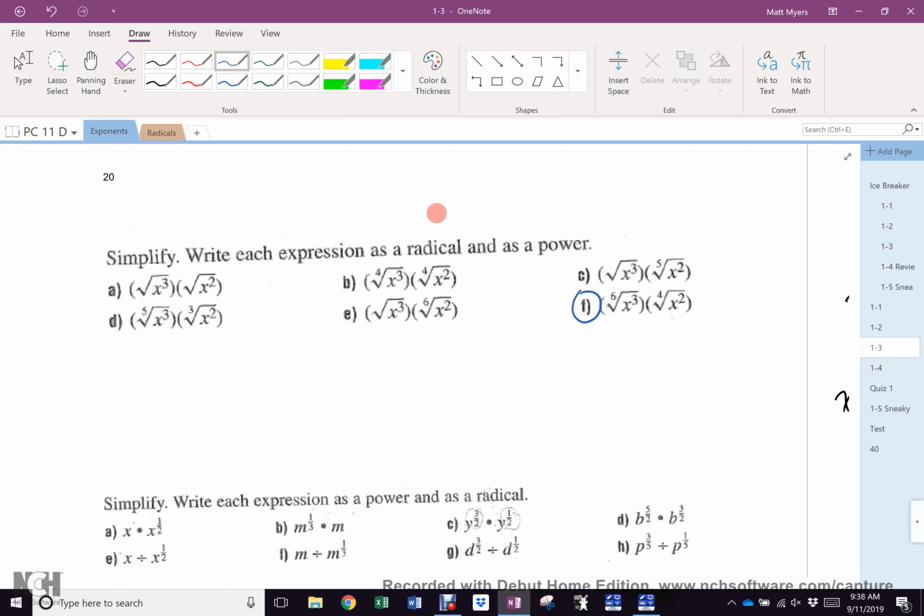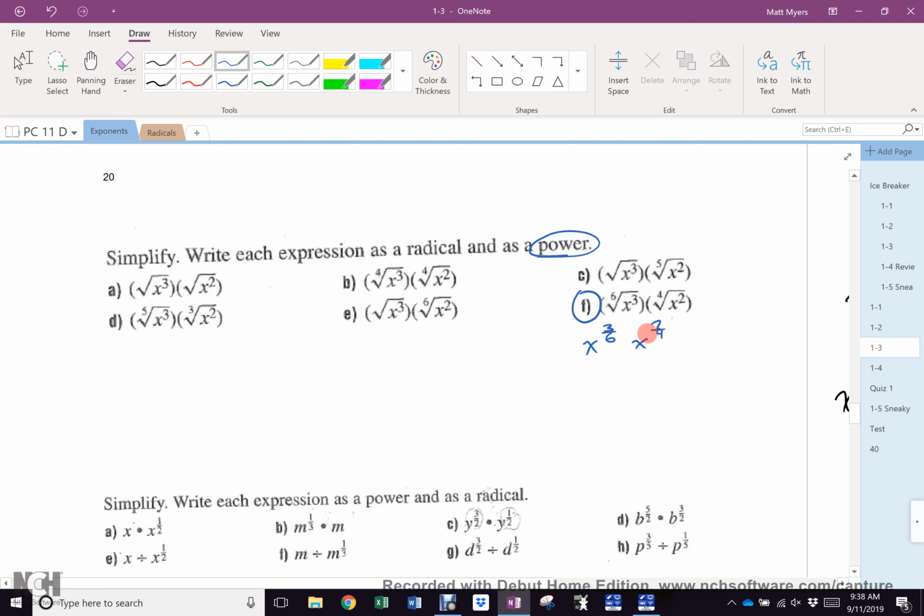Okay? Chill. So, I need to write each as a radical and as a power. The easiest thing to do is to write it as a power and then turn it back into a radical. So this is x to the 3 over 6, because the 6 becomes the denominator and 3 becomes the numerator, and this is x to the 2 over 4.